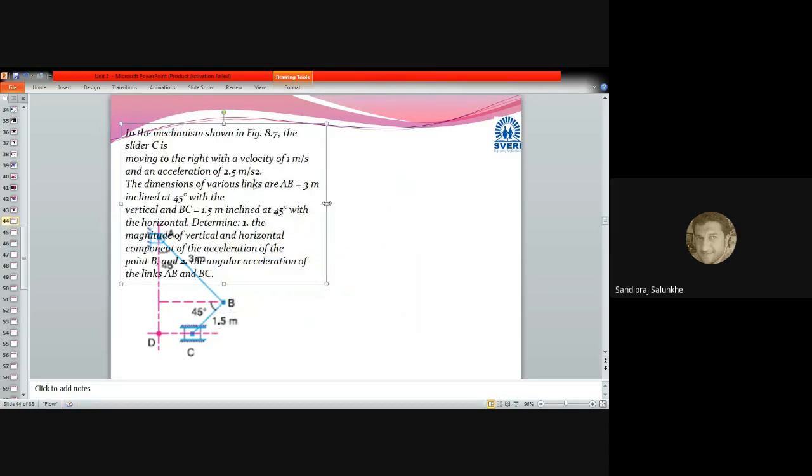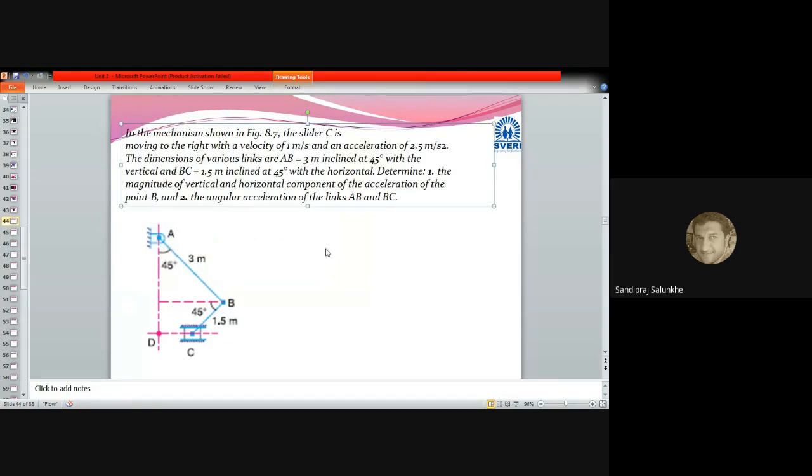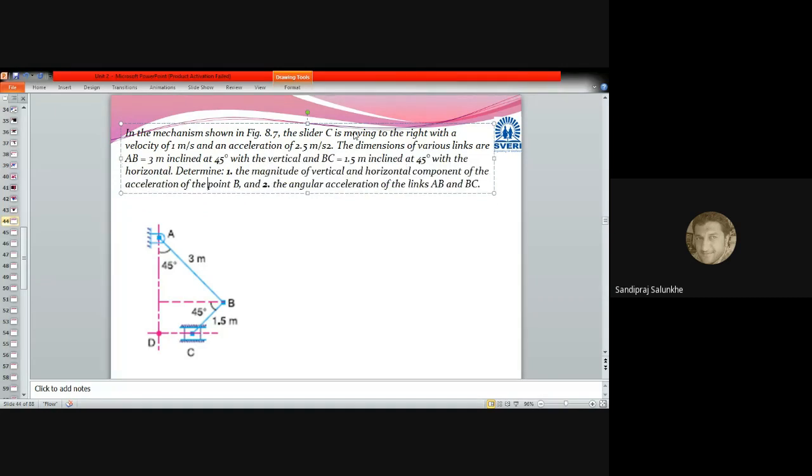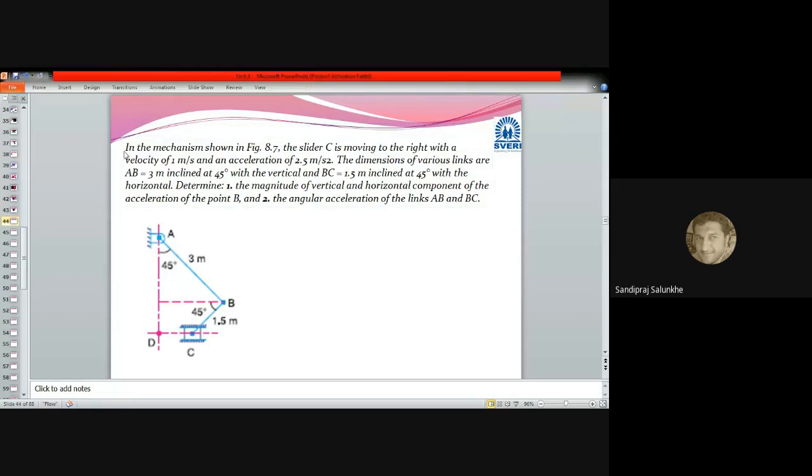So this is the statement of this problem. I'll read this statement and we'll solve this problem step by step.